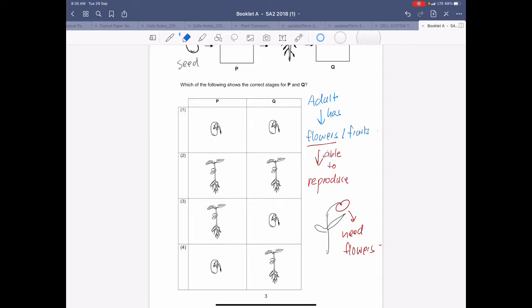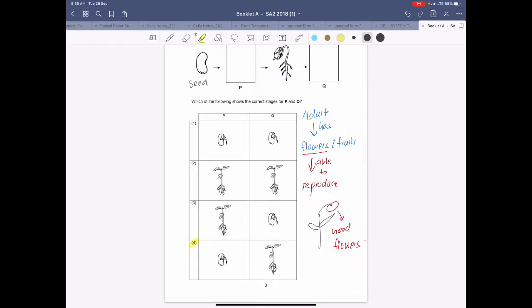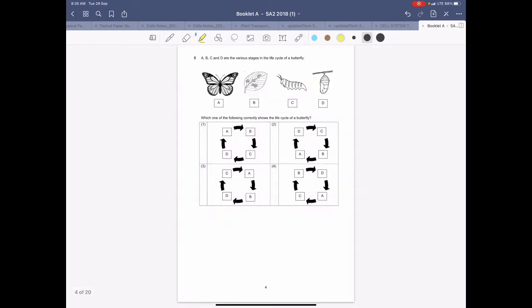Hence they do not have fruits or flowers. So be very careful about that. So in this case, the answer is very straightforward. You are looking at number 4. Can you see the second one has leaves? Which shows that it becomes a young plant. Next.